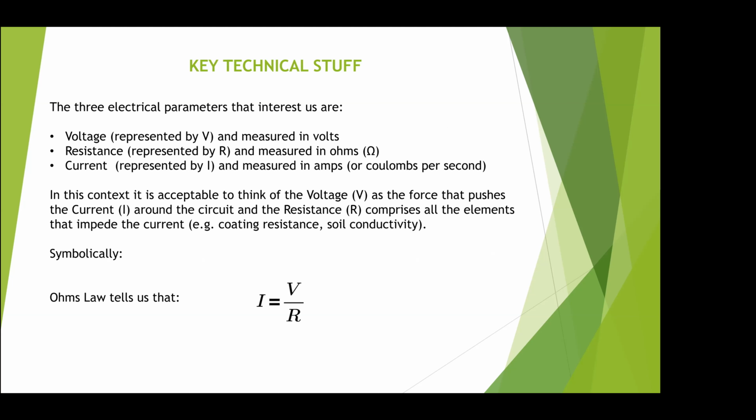And they're interrelated. You can't separate them. And it's shown symbolically as I equals V over R. So you can think of the voltage as being the force that pushes the electrons around the circuit. And the resistance, whatever that happens to be, is what opposes that pushing force. And the current is what squeezes out of the resistance in terms of what we want to use for power. In this context, current equals power or energy.